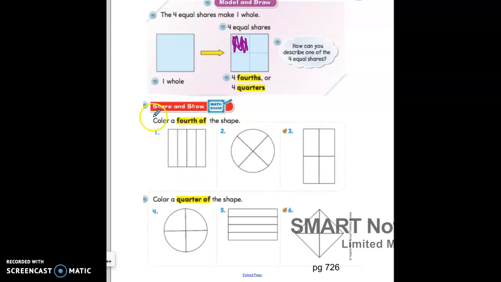I also want to talk about the direction where it says color a fourth or color a quarter. Remember, boys and girls, when they're asking for a fourth or a quarter, that means they're asking for 1. So for number 1, we want to color in a fourth.